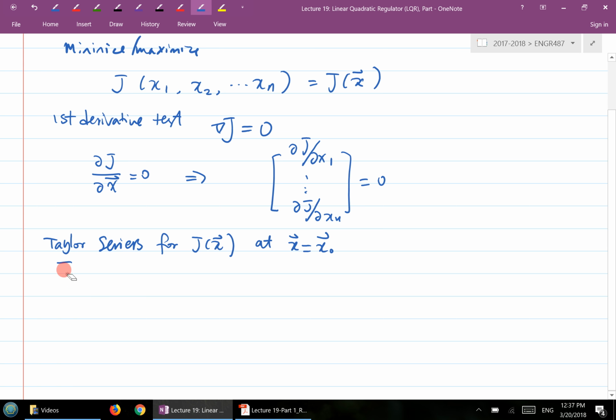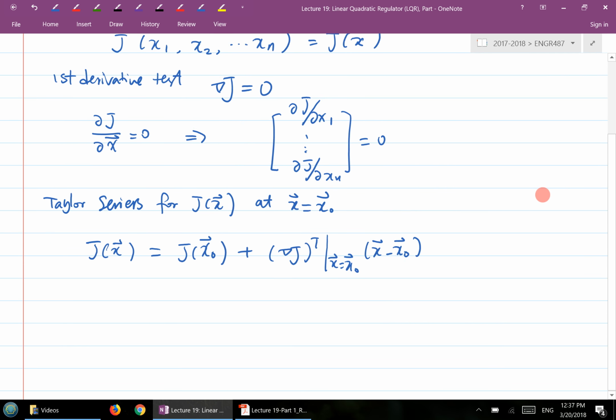If I take a Taylor series of this function around x equal to x naught, then the Taylor series can be written as this. The Taylor series has multiple terms, the first order and then the second order here.